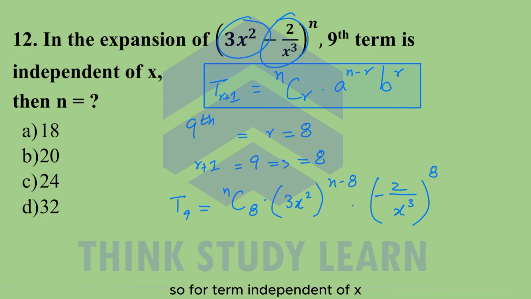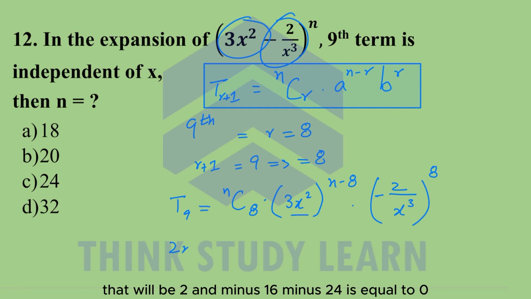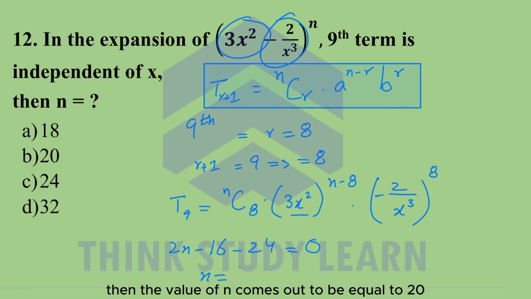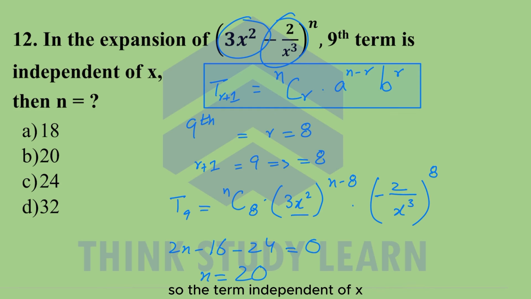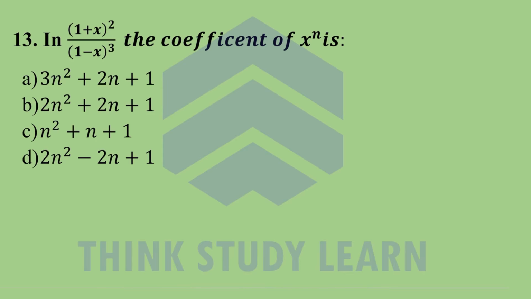For the term independent of x, we take the variable x and its powers, that will be 2n minus 16 minus 24 is equal to 0, then the value of n comes out to be equal to 20. So the term is independent of x with the value of n equal to 20. B option is the right answer.